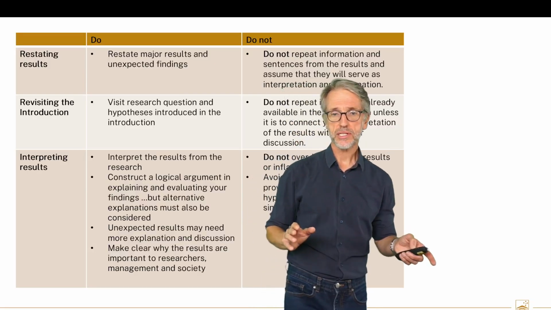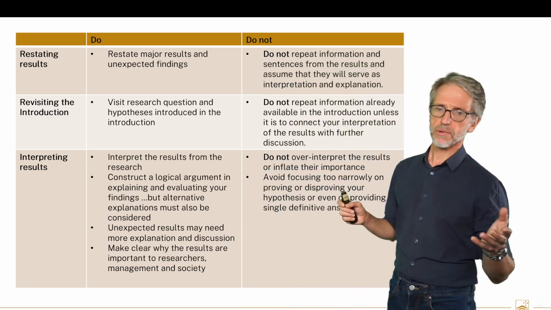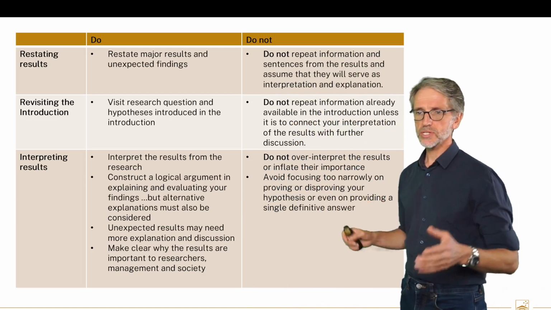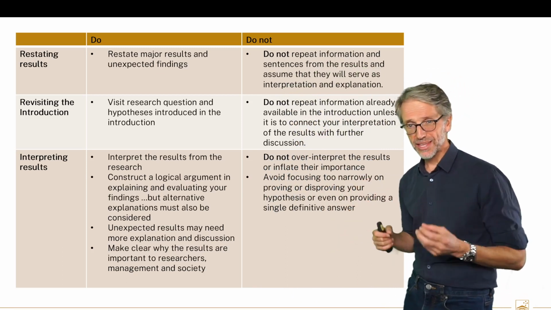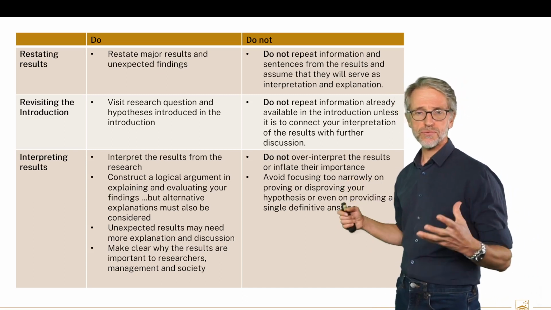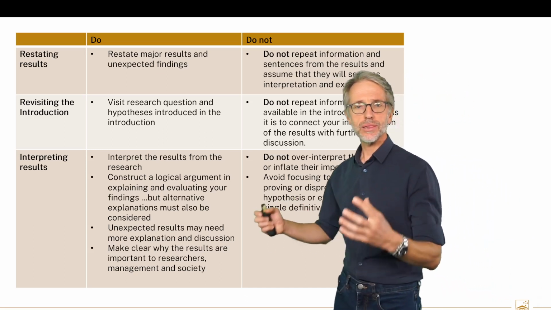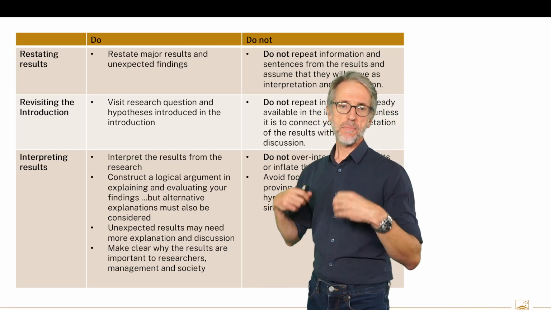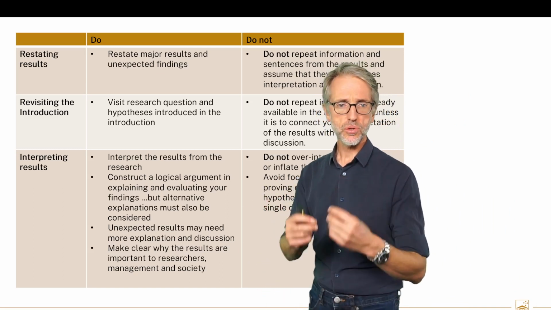So some things that a conclusion should do. There should be some kind of restatement of the major results and a revisitation of the research question and that theoretical framework that exists. Interpretation of the results should be there, and there should be a consistent logical argument that built from the outset of the paper and the introduction to this point.